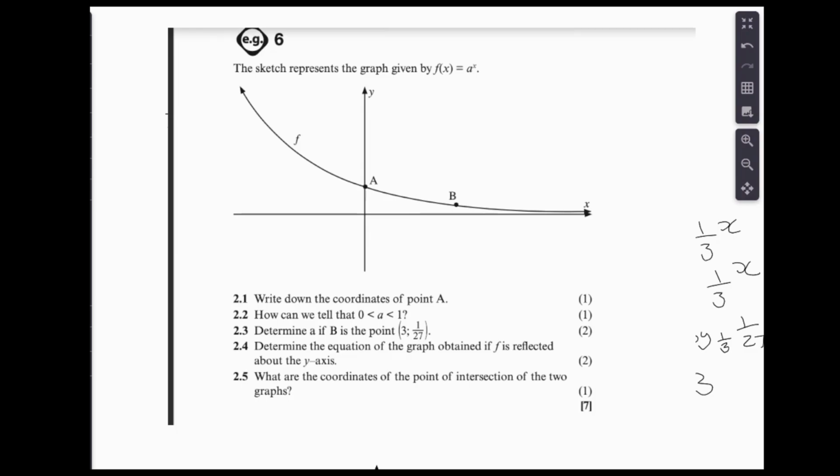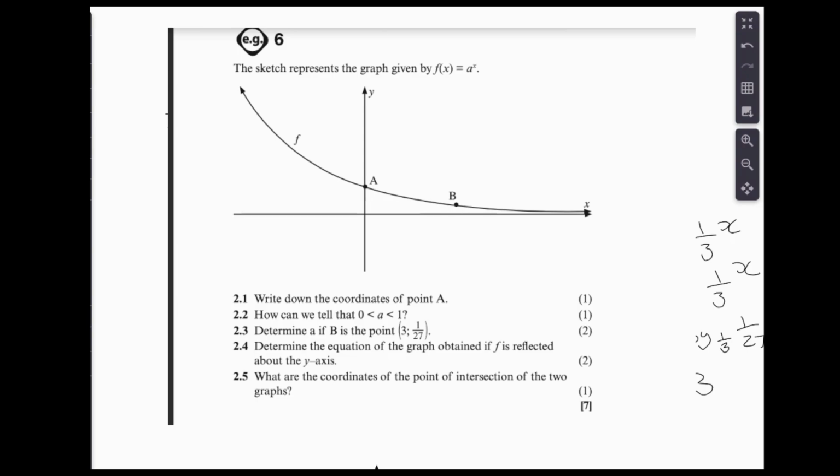Determine the equation of the graph obtained if f is reflected about the y-axis. Okay. So now, if the graph is reflected on the y-axis, that means now we would need to get an ascending graph. Remember, this one was going down. Now we need to get it to go up, right?